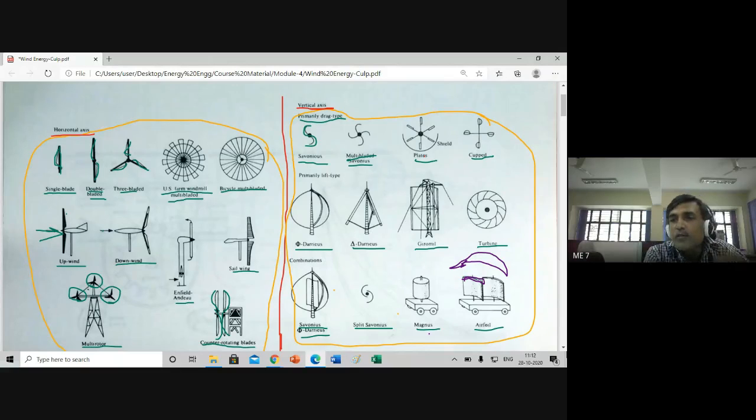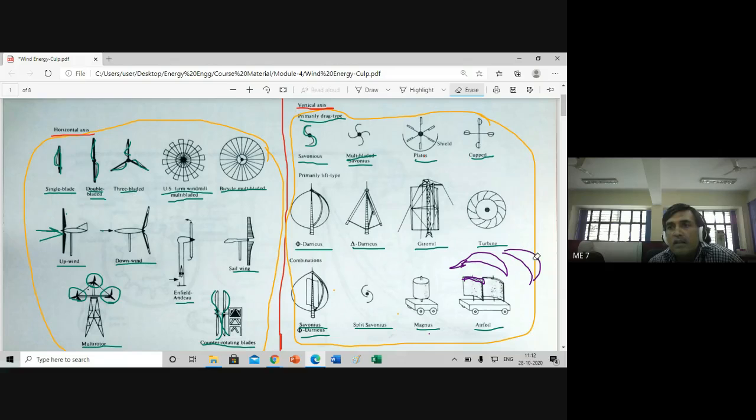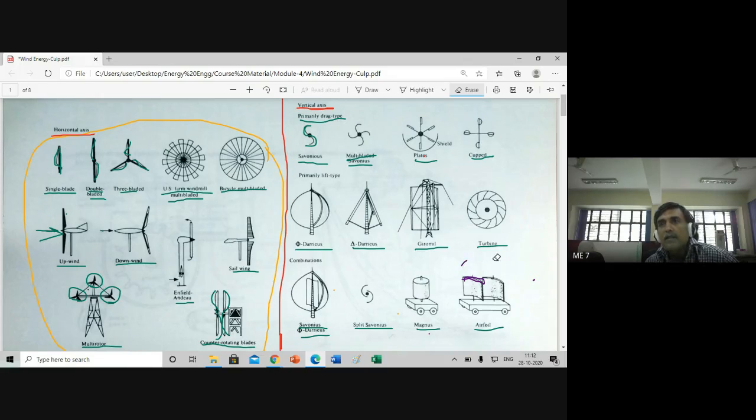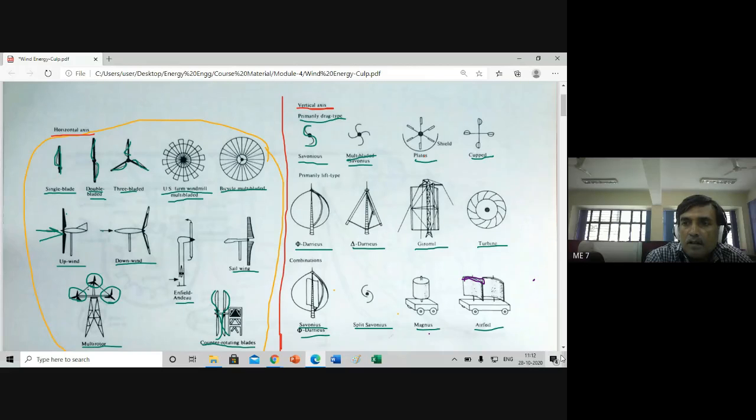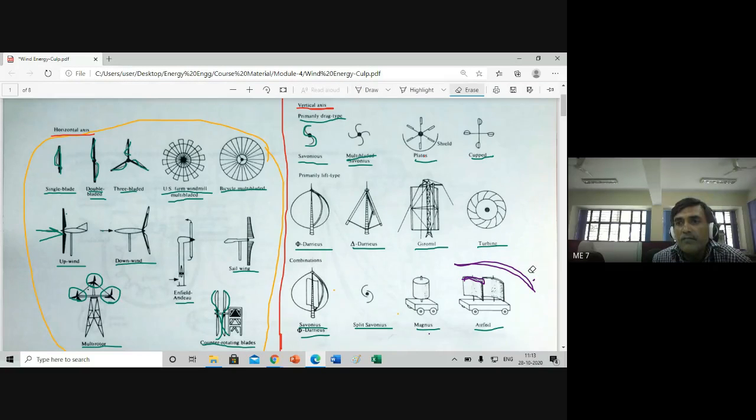It is like this. It is a smooth curve. Let me show you.